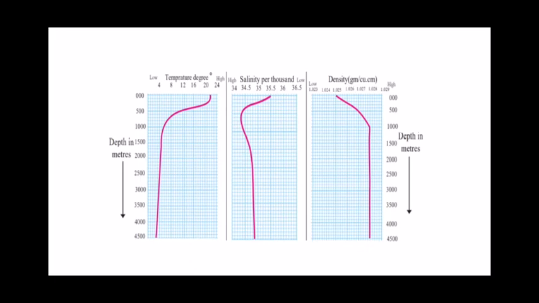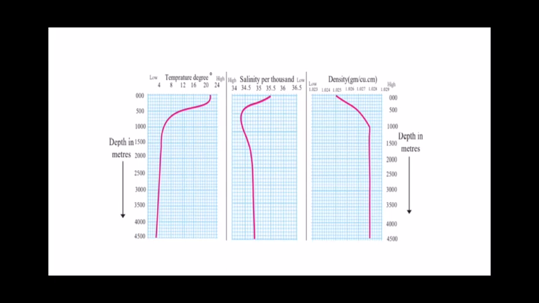That means up to this depth, the effect of sun rays and the ocean currents can be felt. We can see the movement of these waters in the form of ocean currents. You have learnt in 8th standard about ocean currents, that is the warm ocean currents and the cold ocean currents.